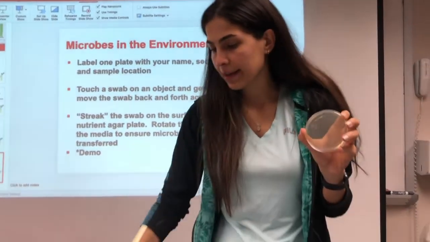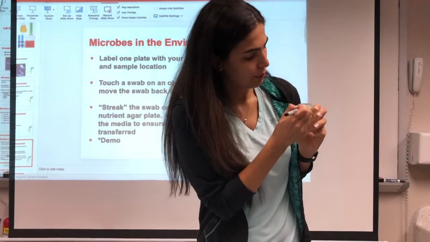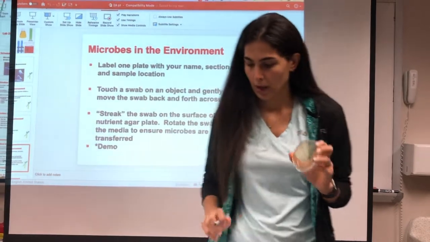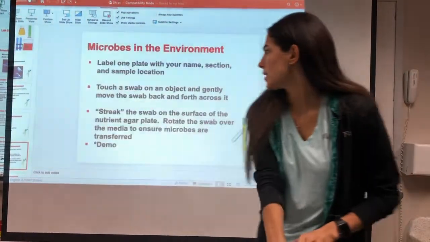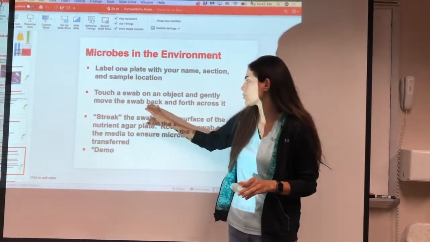The first area is the lab. So we are going to get our samples from the lab. What you should do is touch a swab to an object and gently move the swab back and forth across it. Here is the sterilized swab.